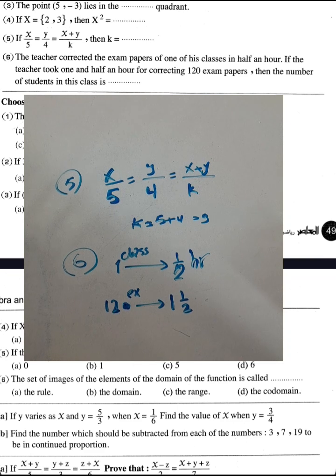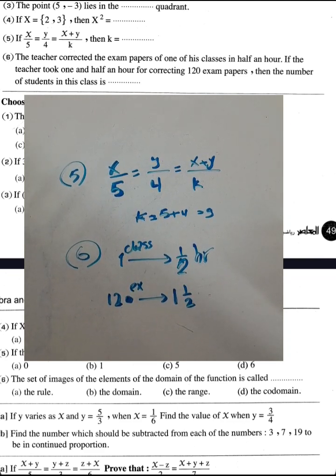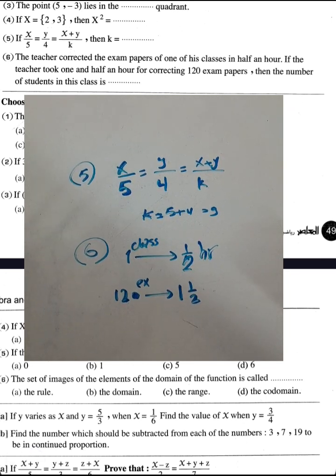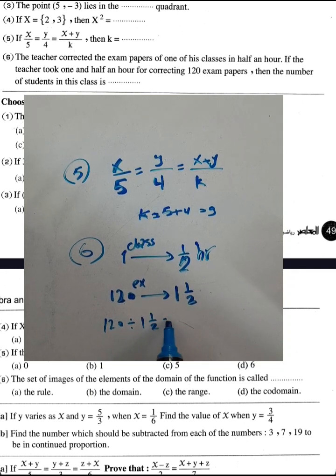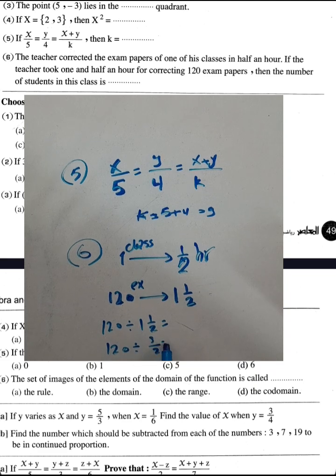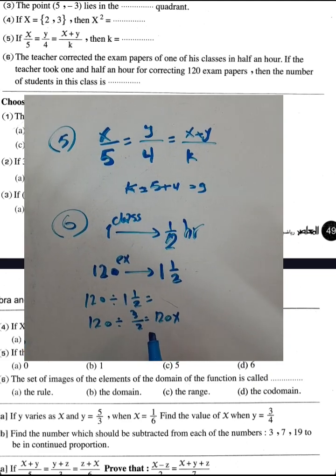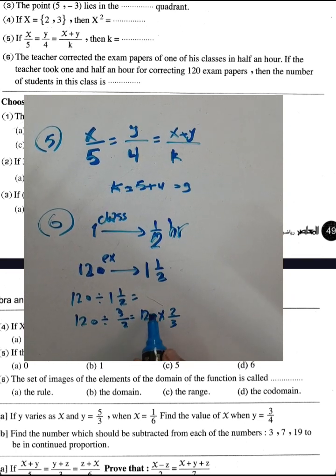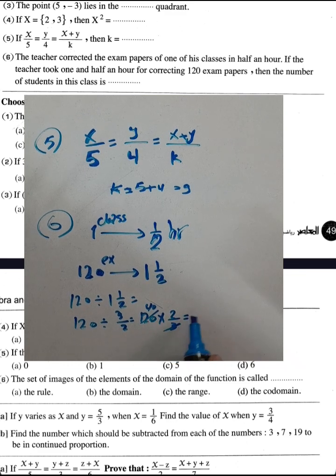We want to find the number of students. First step, we divide 120 by 1.5. 1.5 is 3 over 2, so the result will be 120 multiplied by 2 over 3. 120 divided by 3 equals 40, and 40 times 2 equals 80.